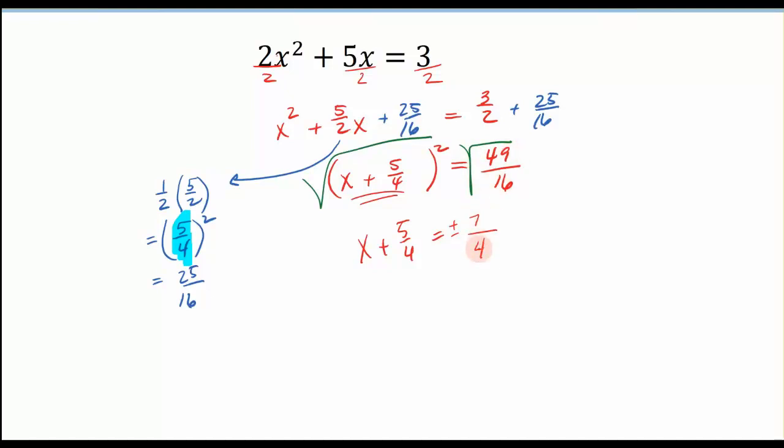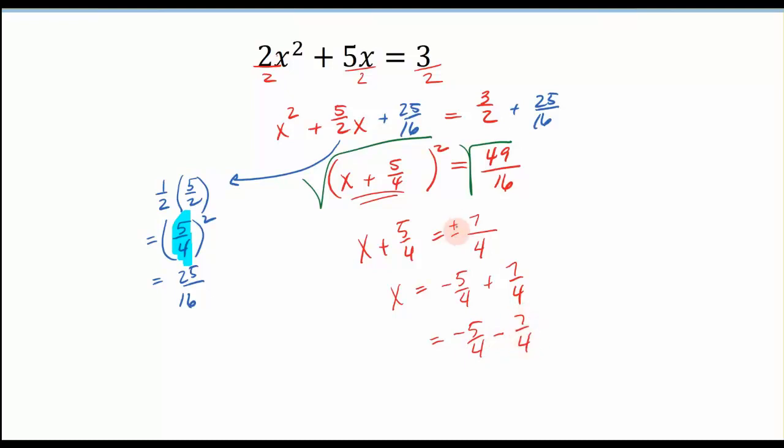From here, we are still trying to isolate x, so I'm going to subtract 5/4 over to the right-hand side. So x is equal to negative 5/4 plus 7/4, and negative 5/4 minus 7/4.